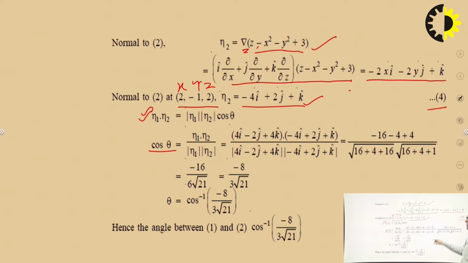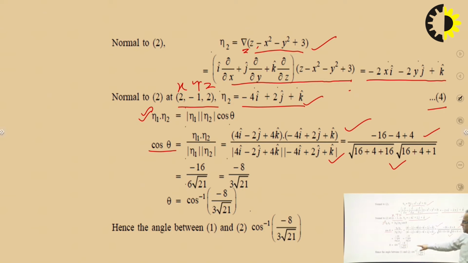Alright, so here we have the dot product of the vectors and then the product of their magnitudes in the denominator, and after solving the dot product you will get minus 16, and after multiplying the magnitudes you will get 6 root 21.